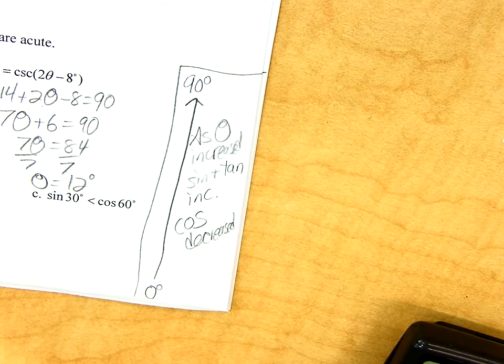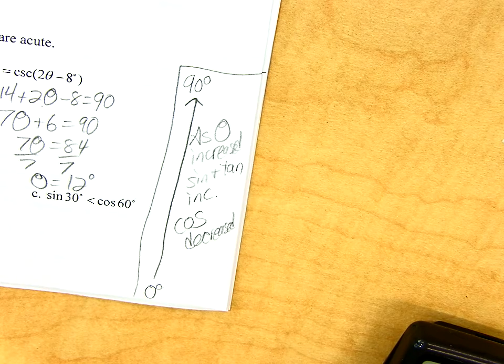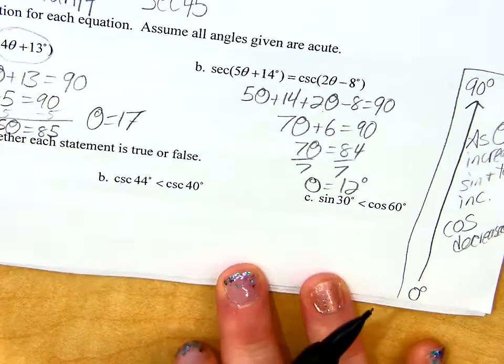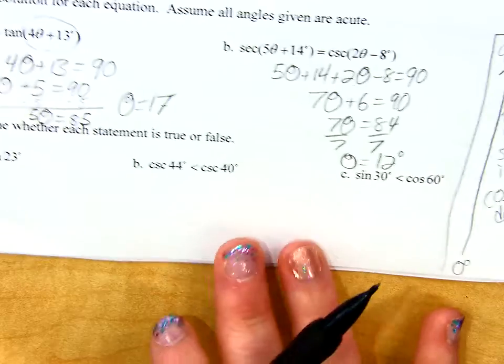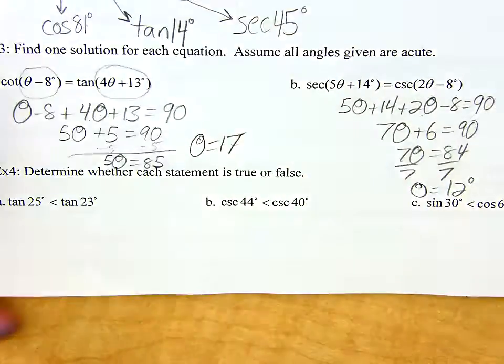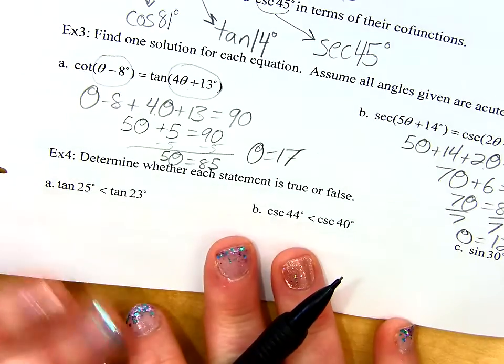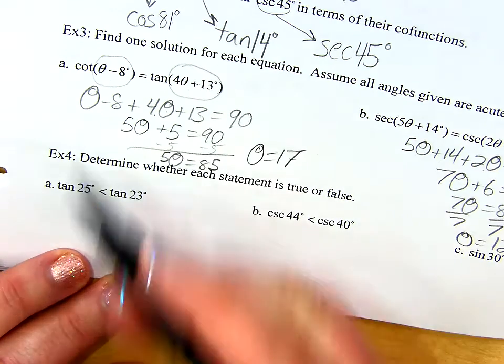All right, so let's just try this. All right, so let's look at the very first one. They're asking us to compare the tangent of 25 and the tangent of 23.